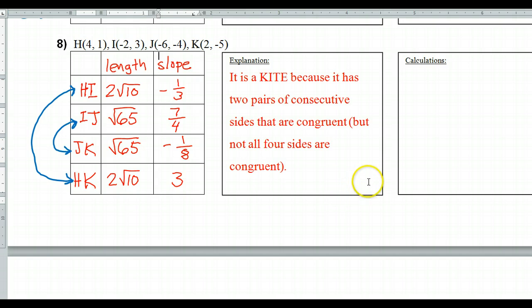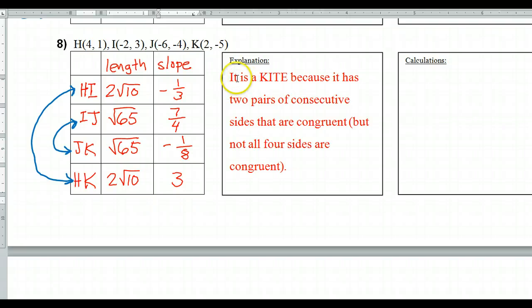Just to summarize, notice I wasn't showing my calculations, but you do have to show your distance formula. We use the distance formula to find all these lengths, and we use the slope formula to find all these slopes. So you need to show those calculations, even though I did not.